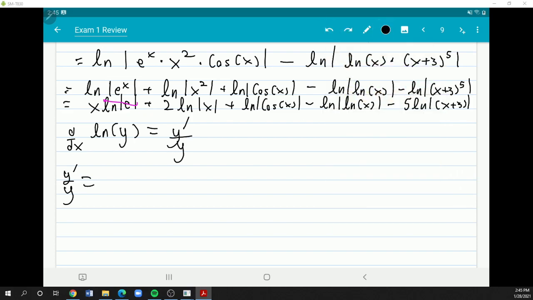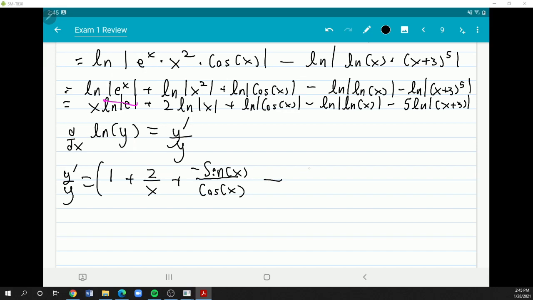So derivative of x is equal to 1. Derivative of 2 log x is 2 divided by x. Derivative of natural log of cosine of x, that's going to take a chain rule. So derivative of log says 1 over cosine of x times the derivative of cosine of x, which is minus sine of x, minus derivative of log x.